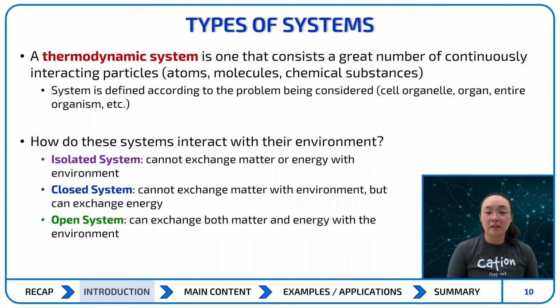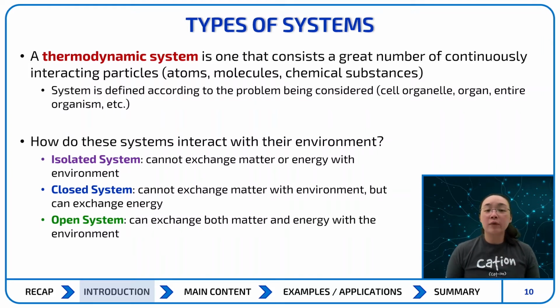That means it'll just have its own matter and energy that exists within it and will never cross the barrier between inside and outside. So a closed system, even though it does sound like it's closed, it just means that it can't exchange matter, but it can exchange energy. An open system is one that can exchange both matter and energy with the environment. So these three different systems are really important to understand and know the differences between.